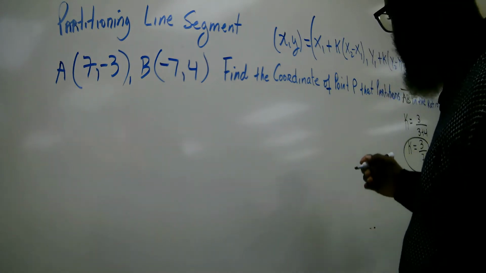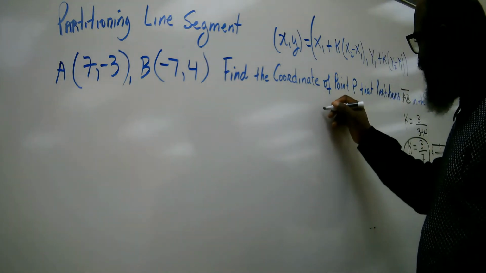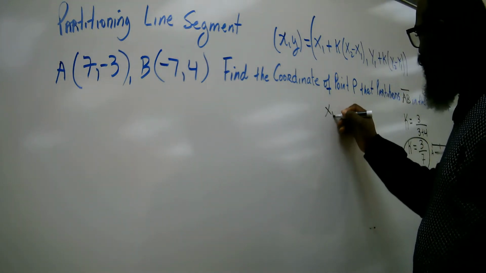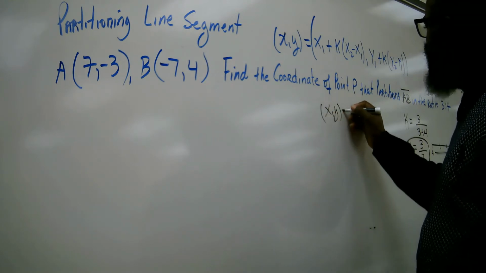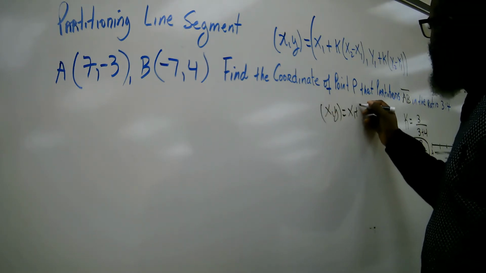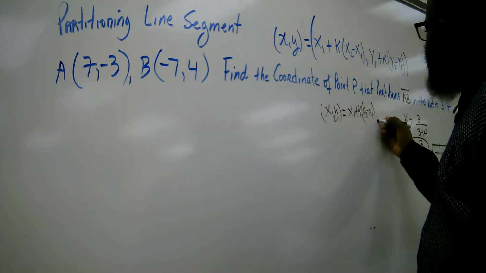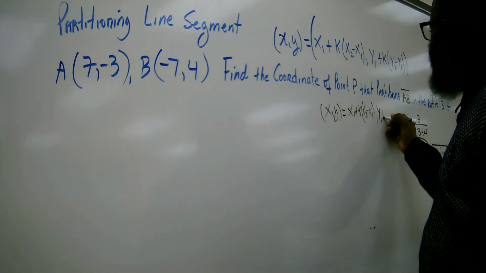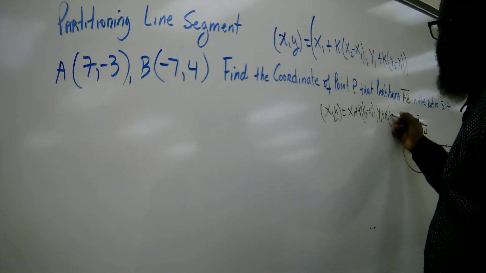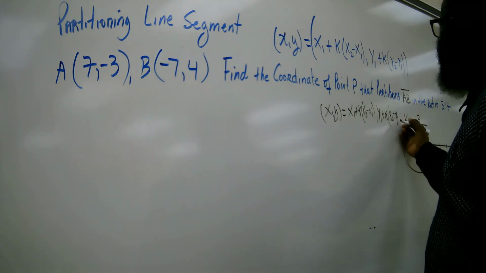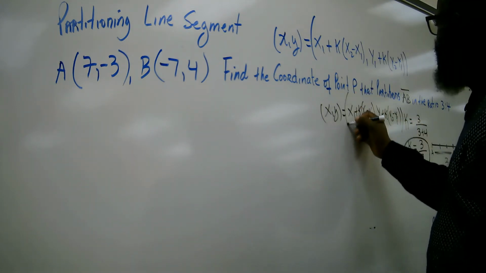So remember that we have a formula to find the xy you're looking for: x1 plus k times x2 minus x1, comma, y1 plus k times y2 minus y1. This is a formula that you need to remember.